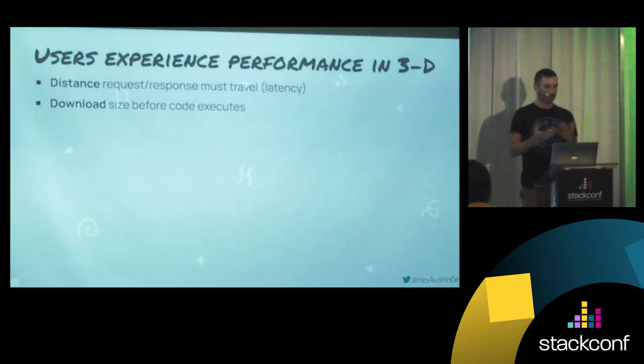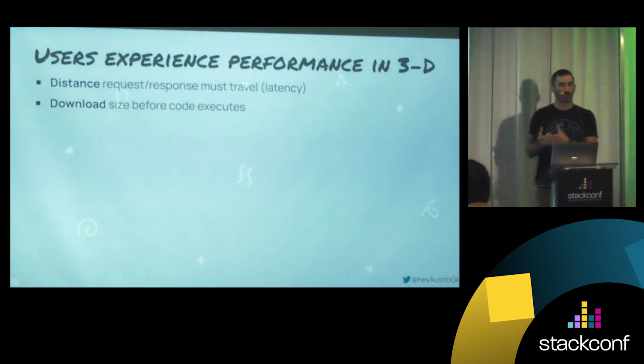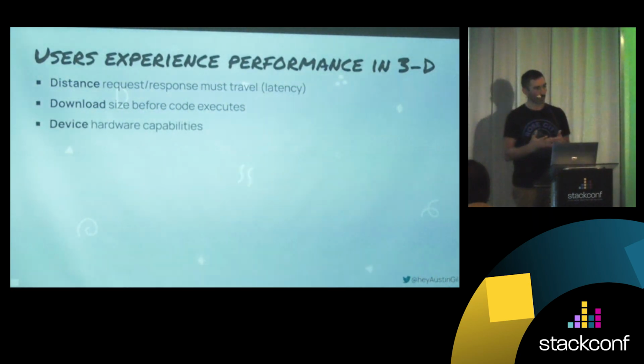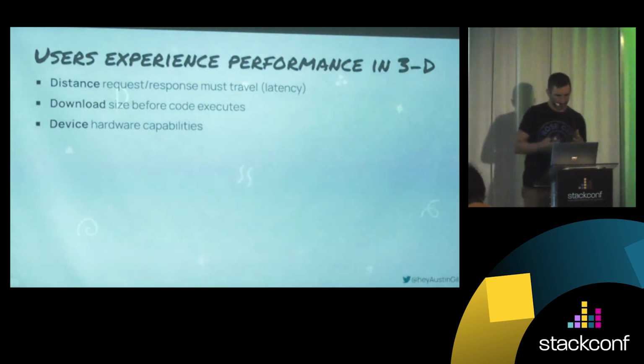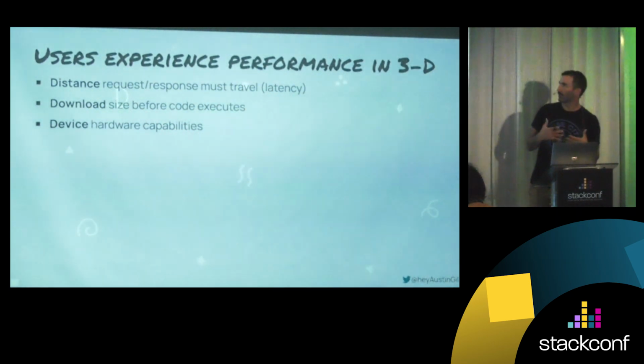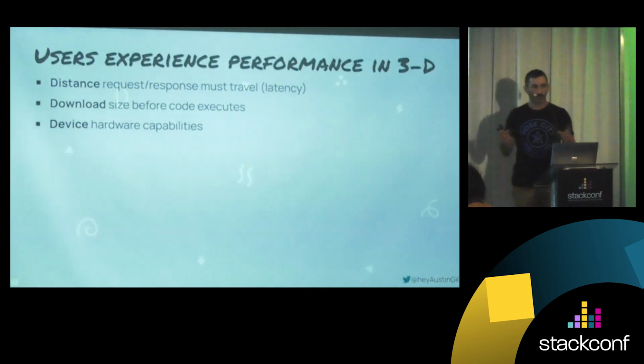Number 2, the download, which is the amount of data or resources that users have to download in order for that program to be executed. And number 3 is the device, so the capabilities that their device has in order to run that application. This isn't probably the best choice of words, but I find that alliteration is supposed to be good when giving presentations, so that's what I went with.